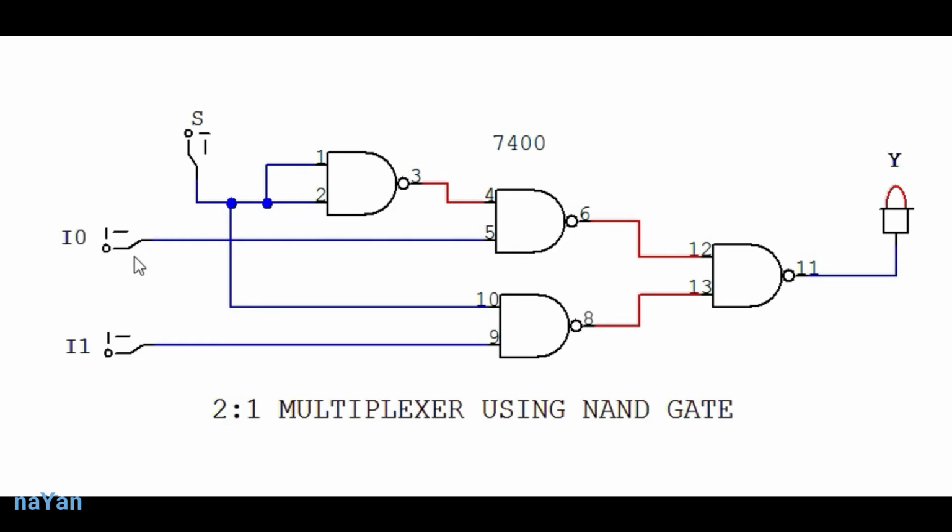So if you change the value of I0, it will be displayed at output. So when I0 is 0, then output is 0.